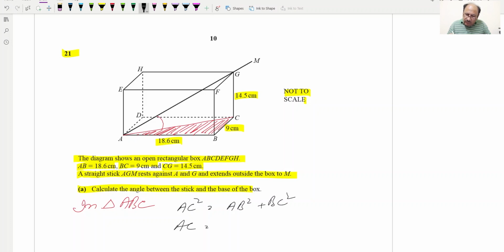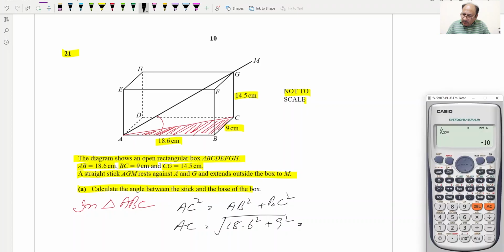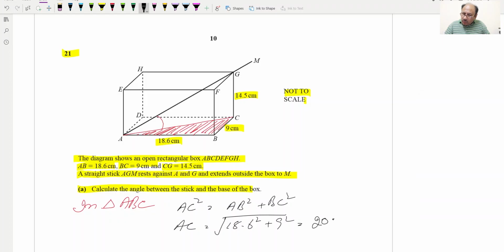So AC will be equal to the square root of 18.6 squared plus 9 squared, and this is equal to 20.66. So 20.66 centimeters is the length we got.